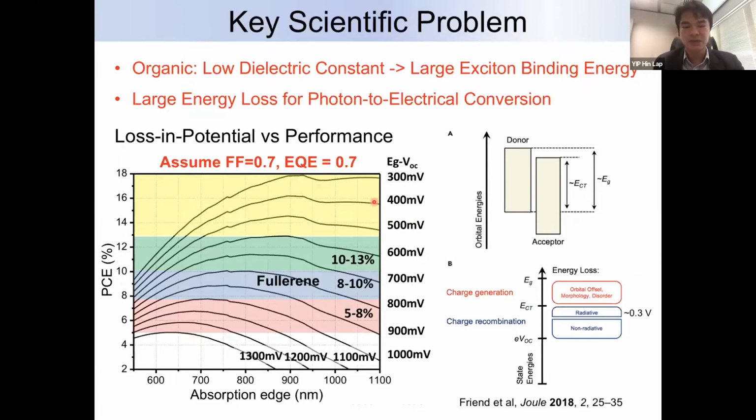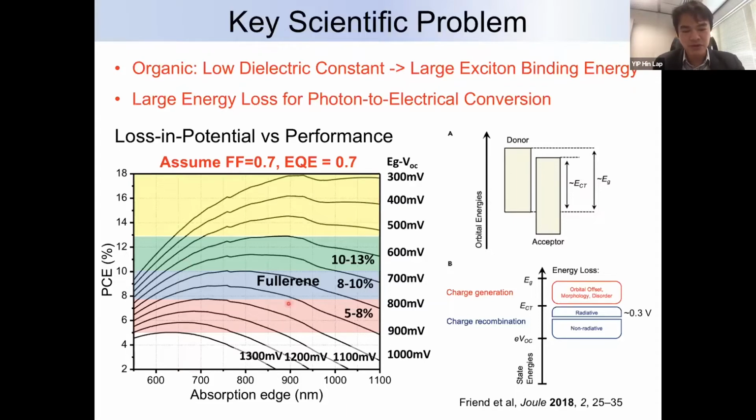That actually leads to more energy loss in this photocurrent generation process. So there is a lot of effort trying to understand and correlate from the material point of view how we can reduce the loss in organic solar cell.